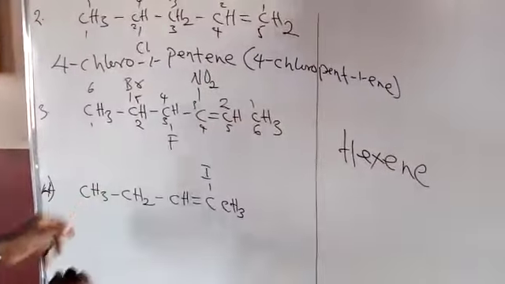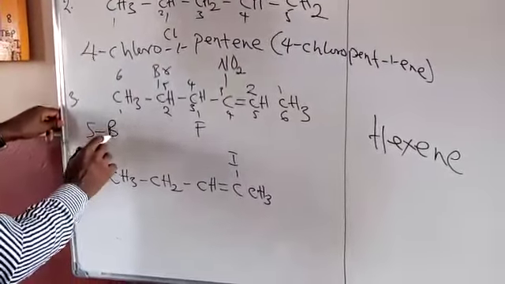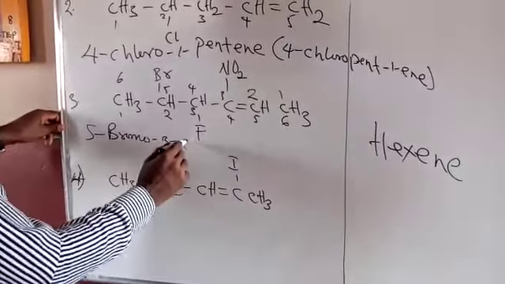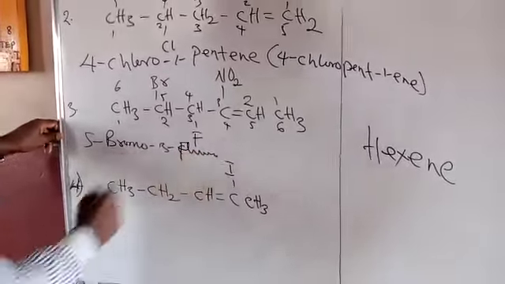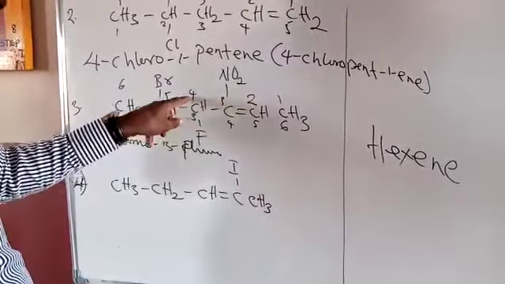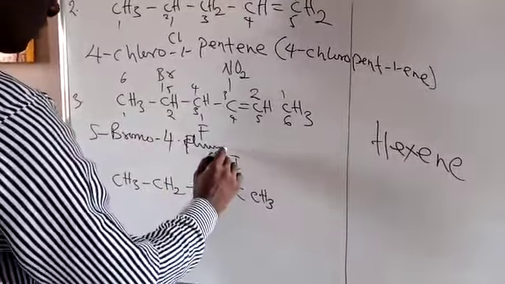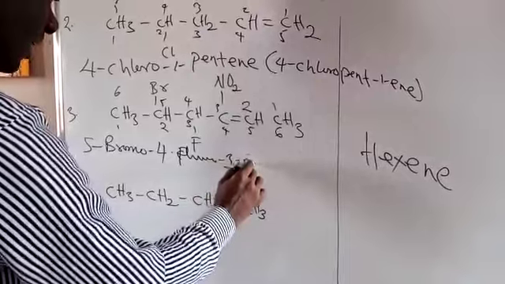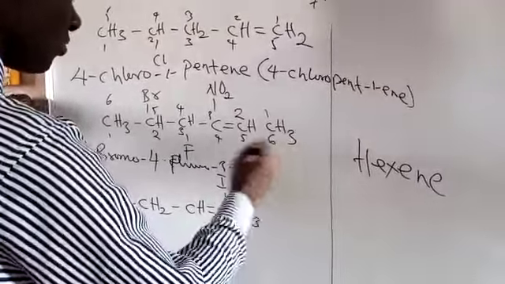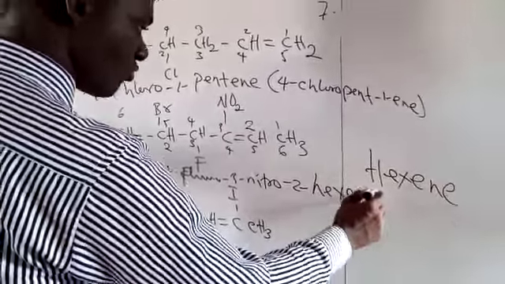So the compound will now be named as 5-bromo, 4-fluoro, 3-nitro, 2-hexene.